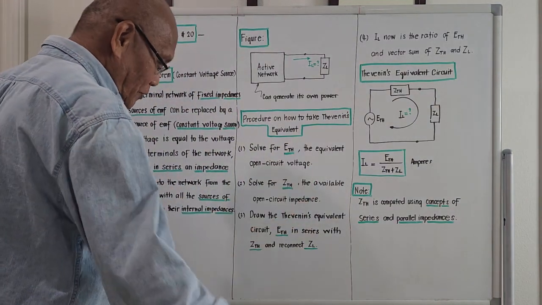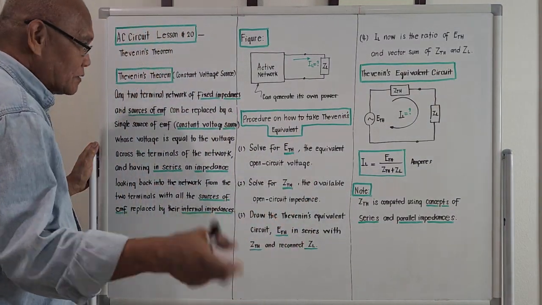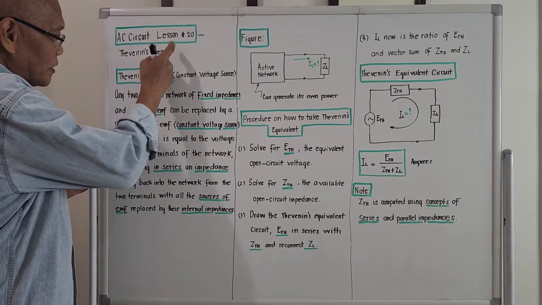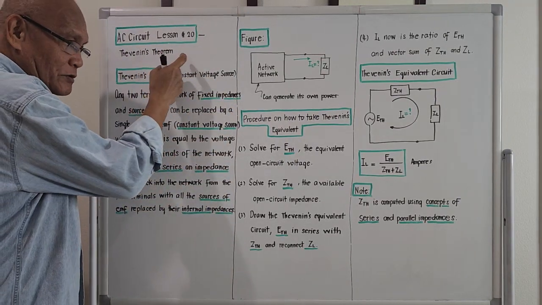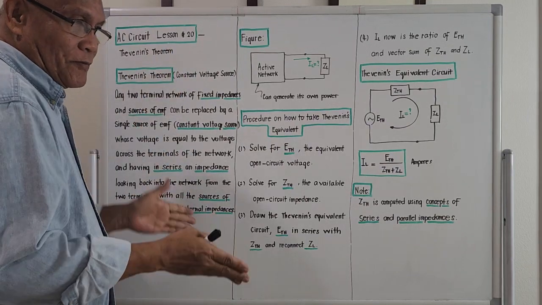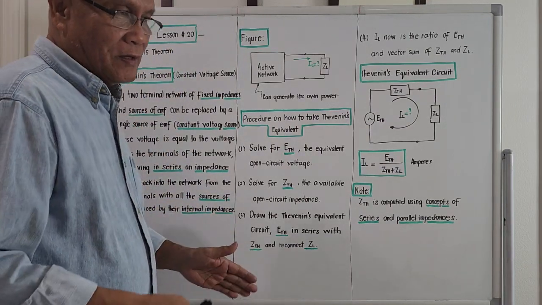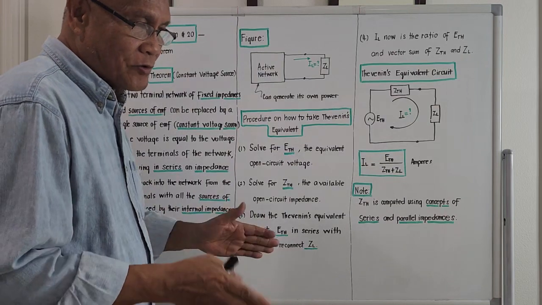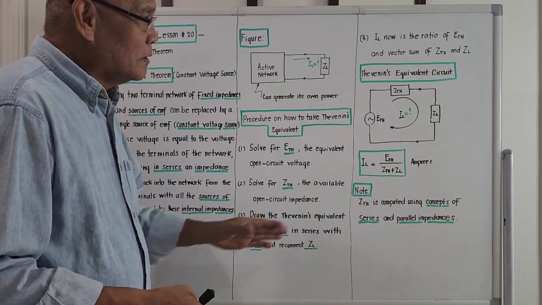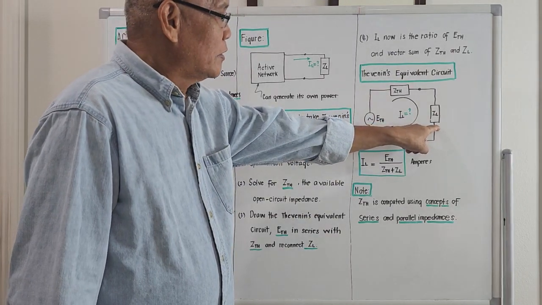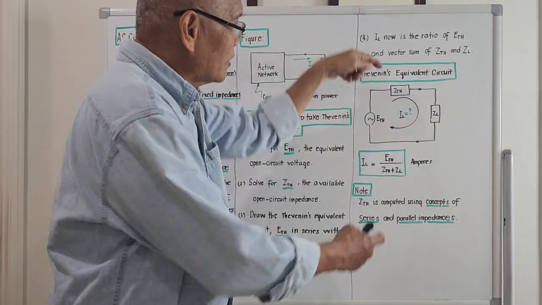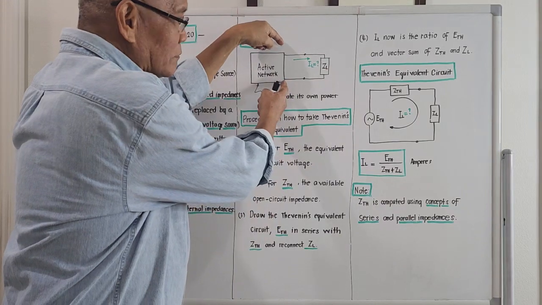The last lesson for this morning under alternating current circuits will be AC circuit lesson number 20, and this will now be Thevenin's theorem. Thevenin is a family name, and he invented a theorem on how to compute the current consumption of a load if this load is to be connected to a given active network.